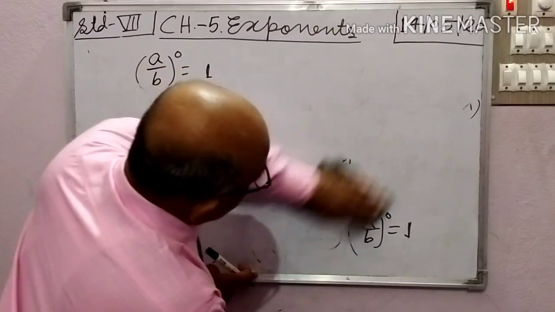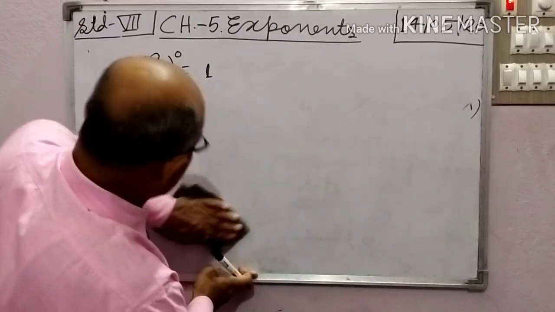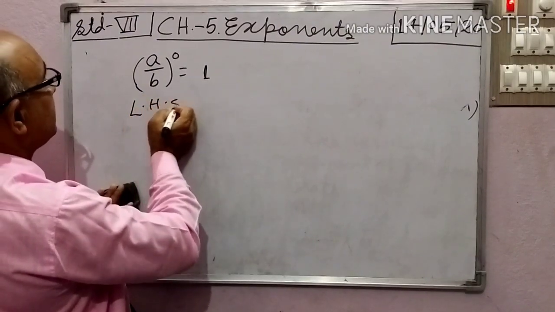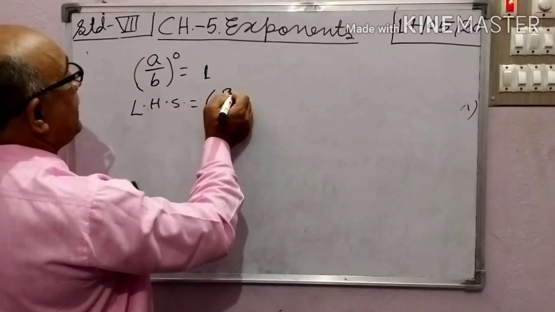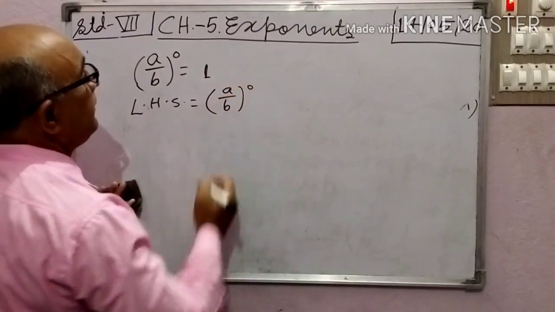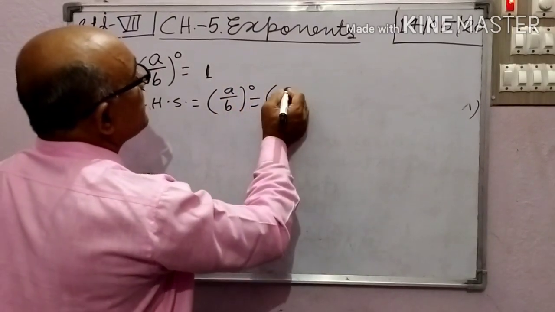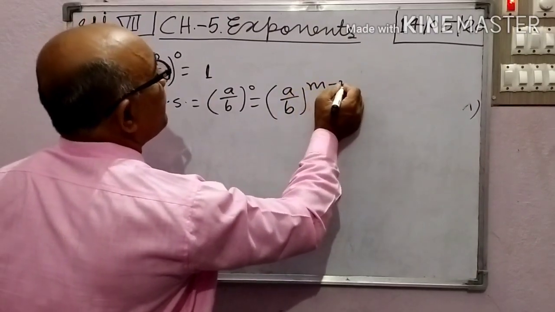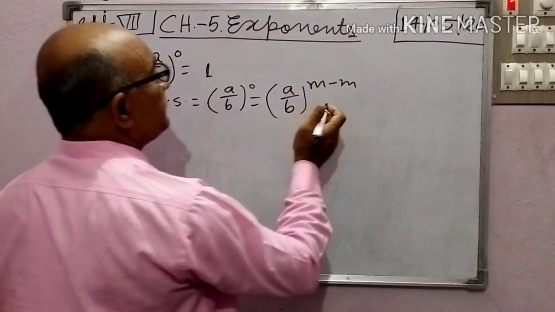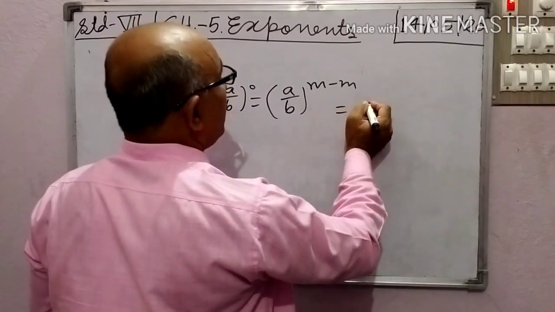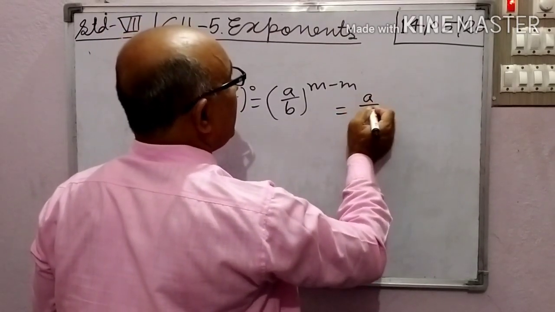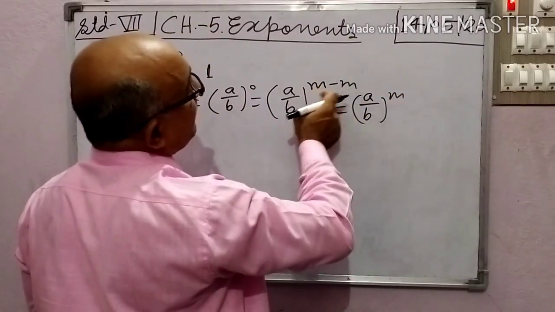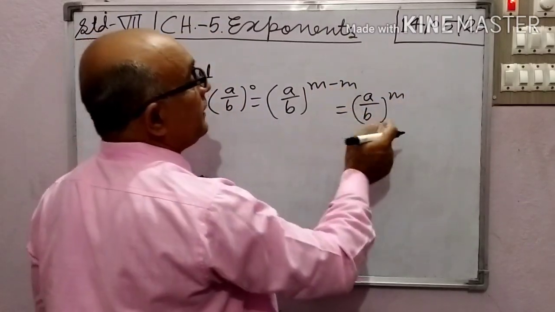It can be proved. Left hand side: (a/b) to the power 0. That means (a/b) to the power m minus m, equal to (a/b) to the power n. Here exponents are subtracted.